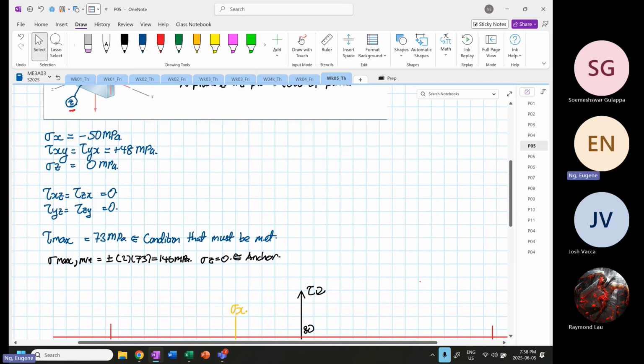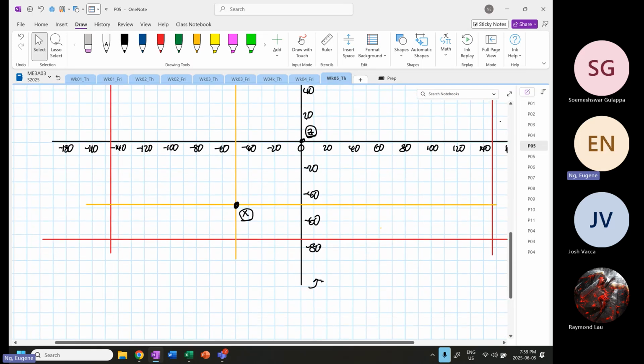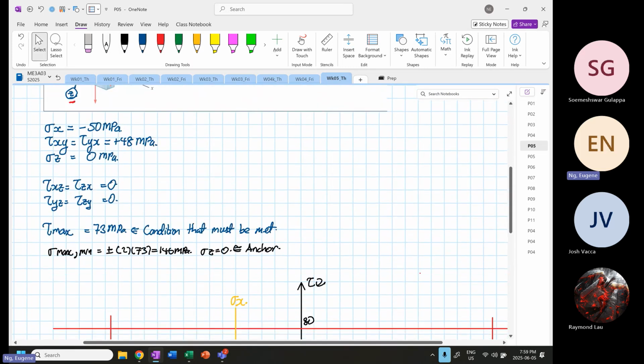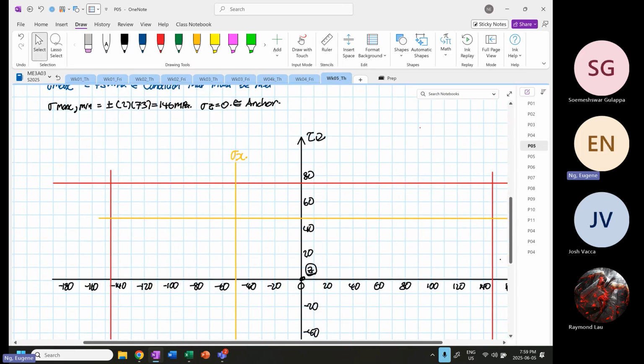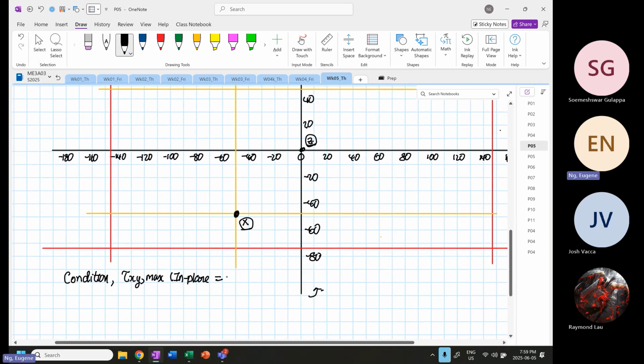So for this case, we are going to have the condition that the shear XY max, which is our in plane, is equal to 73 megapascal.